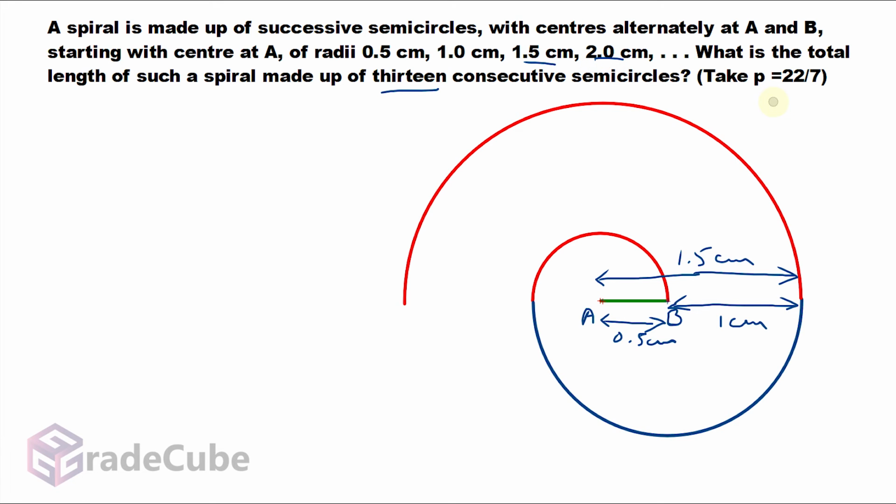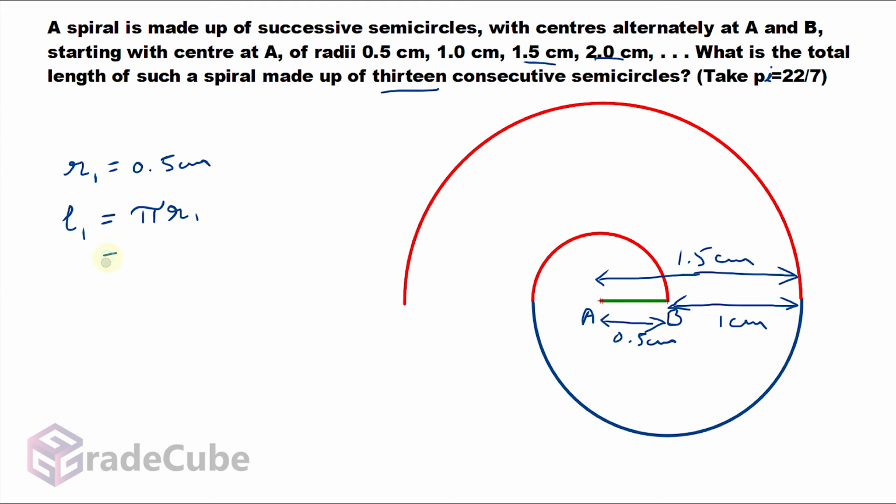Okay, value of pi is to be taken as 22 upon 7. So first of all, radius of first semicircle is 0.5 centimeter. Now length of this arc or length of semicircle, which is L1, is pi R1, because you know that the circumference of a circle is 2 pi r, and length of semicircle is half the circumference of circle, so it is pi r.